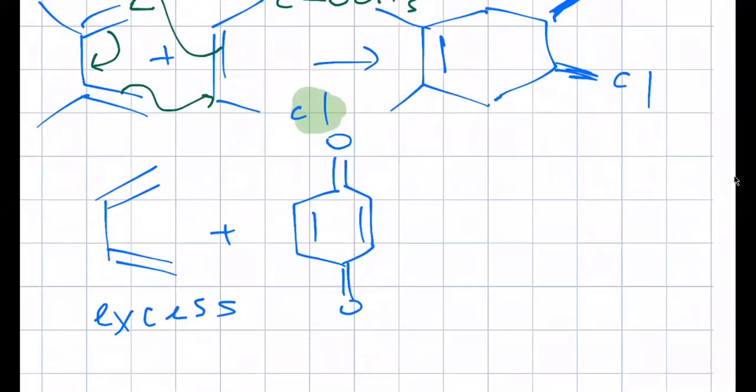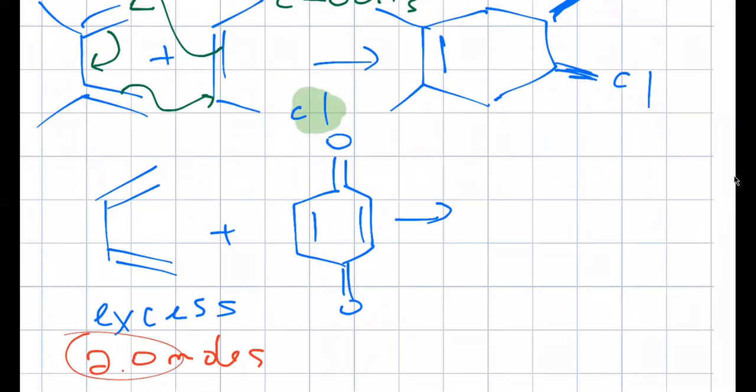Yeah. All right. If you have, let me make this simplified. Right. Let's say you have 2 moles of that diene. What do you think is going to happen? You can say it's gonna react on both sides.